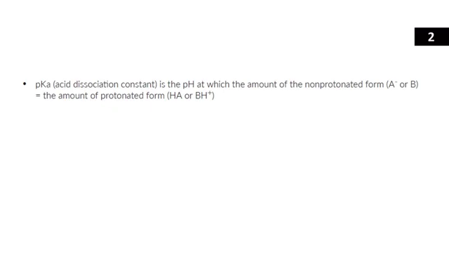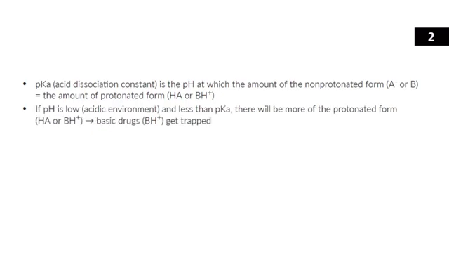So at whatever pH the two sides of the equation are balanced, where the amount of acidic drug is equal to the amount of anions, that's the pKa. Or, if you're dealing with a basic drug, it's the pH where the amount of basic drug is equal to the amount of uncharged base. So that's the pKa, the acid dissociation constant. It's a pH value, and every drug has its own pKa, which you could look up if you needed to.